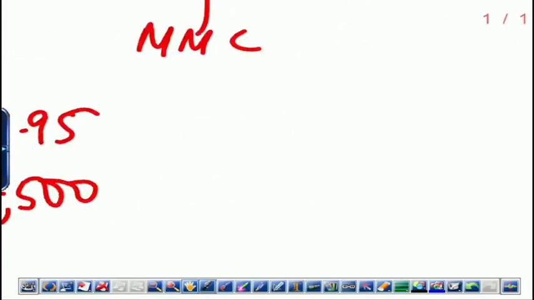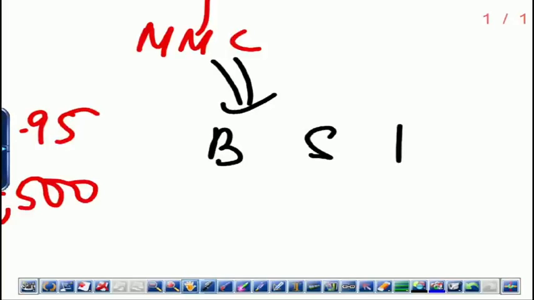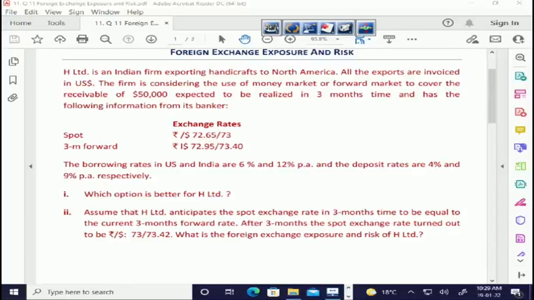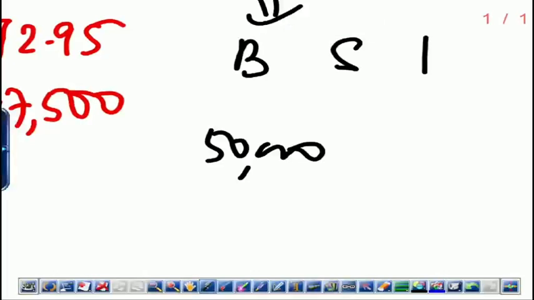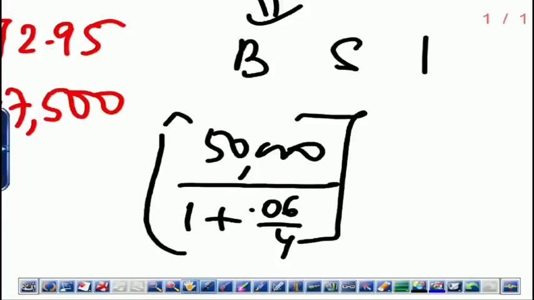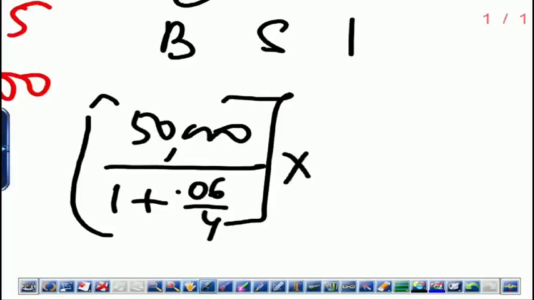If we go for money market cover, you do remember we had borrow, sell, invest. So we have to borrow the present value of $50,000. What is the borrowing rate given? You can see the borrowing rate in US dollars is 6%. So divide by 1 plus 0.06 by 4 because it's 3 months. You borrow the present value of $50,000, sell it spot.